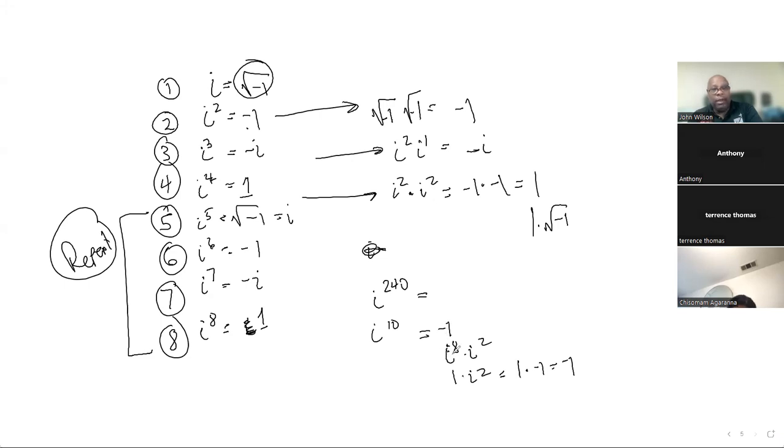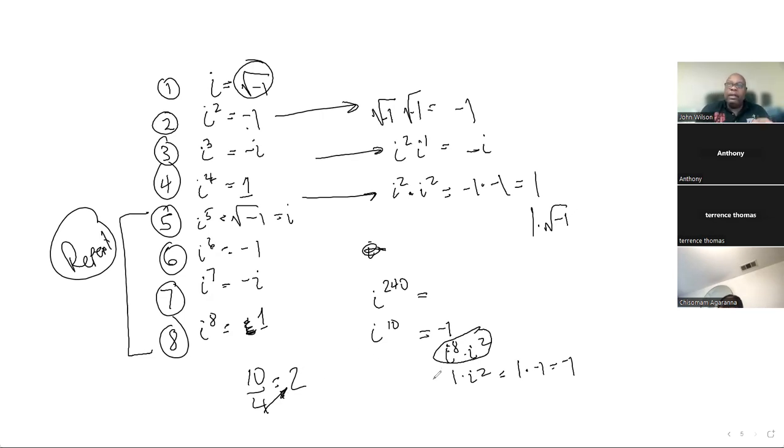Again, how do we do it? The better way to look at it is, what's the closest multiple of 4 below? Take 10 divided by 4, you get 2. So 4 times 2 is 8. So you know that 8 is the closest one.